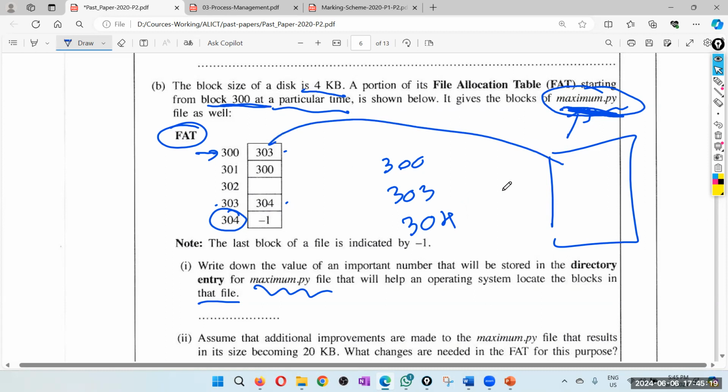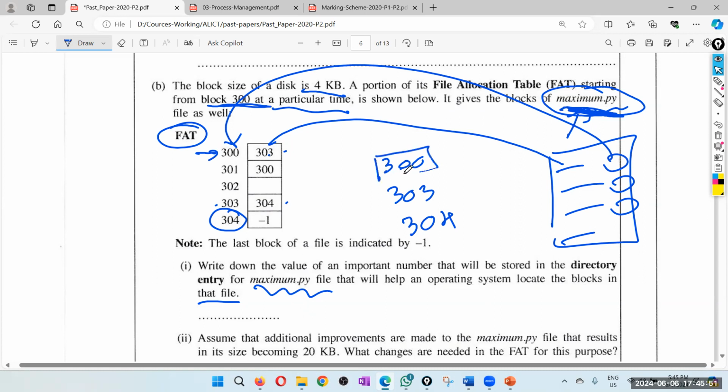Once you know the starting point, this table gives the next block, next block, next block. So you have a big table with file name and starting block, file name and starting block. The operating system must have this entry, 300, because that is the starting point for maximum.py.